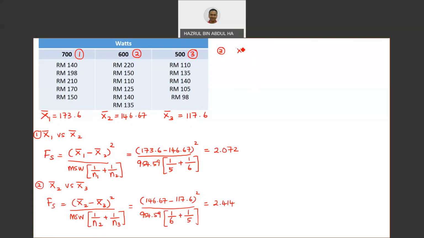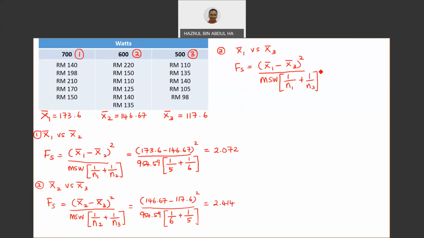And the last comparison is between the first group and the third group, so x bar 1 versus x bar 3. So Fs is equal to x bar 1 minus x bar 3 squared over MSW multiplied by 1 over N1 plus 1 over N3.